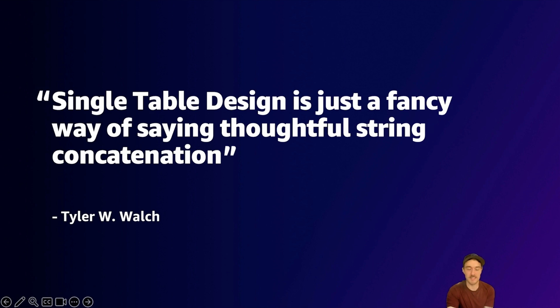He has a couple talks on this. But ultimately, you're forming strings in such a way to isolate or cluster together entities of different types inside of a single table. You're doing very similar things to what a relational database would do under the hood, but you're in control of it.